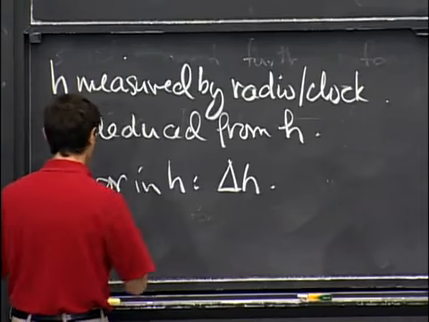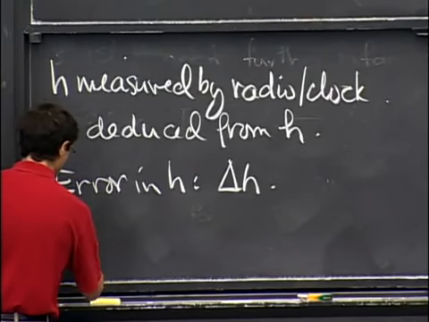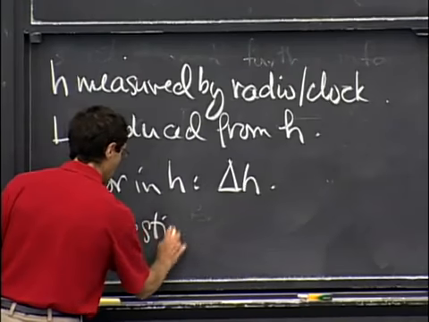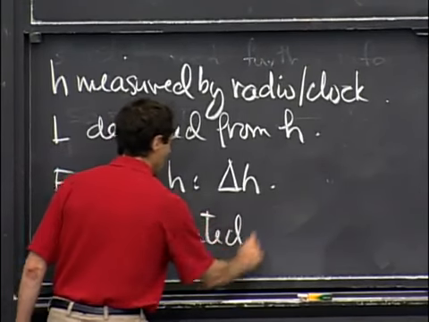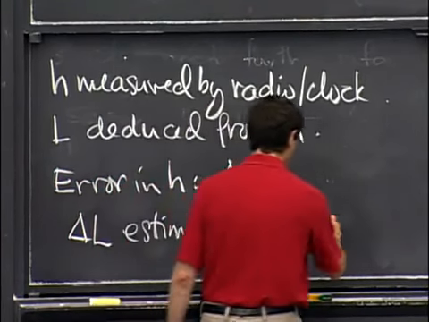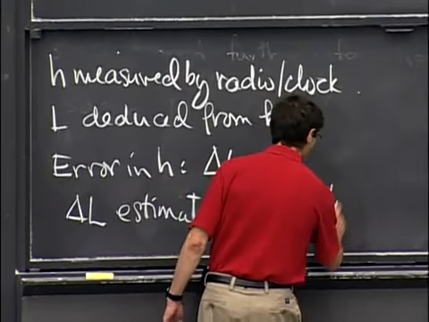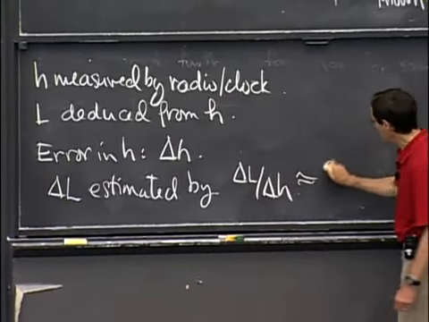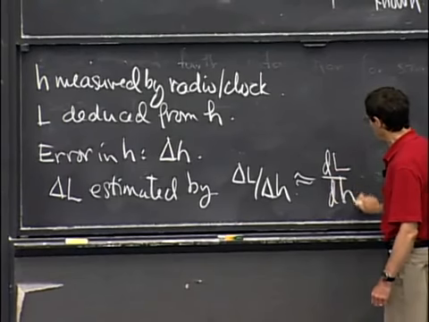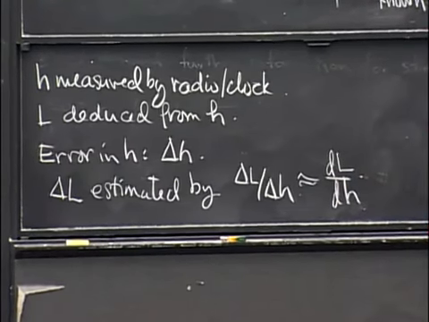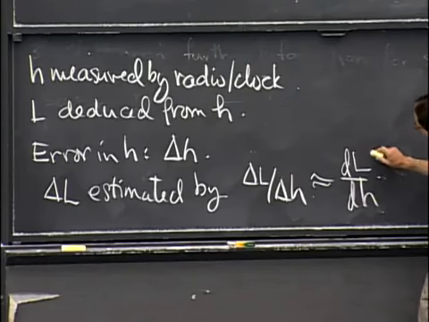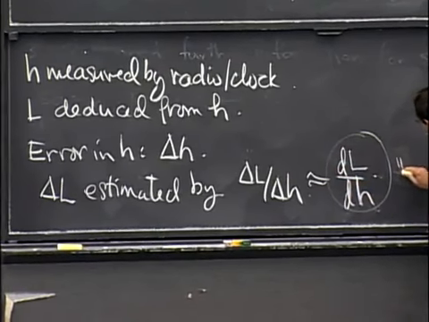So the idea is that delta L is estimated by considering this ratio, delta L over delta H, which is approximately the same as the derivative of L with respect to H. This is the easy thing, because of course it's calculus.